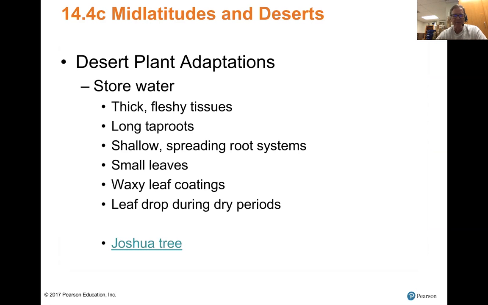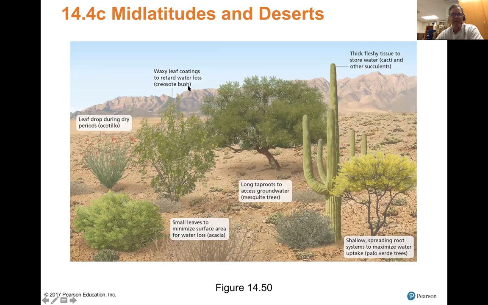It takes a special type of plant to live there, and you can watch the Joshua Tree video over in the weekly module. But again, you have to have long tap roots, shallow spreading root systems, small leaves, thick fleshy tissues that can store the water. So that's where you tend to see these cactuses, for example.